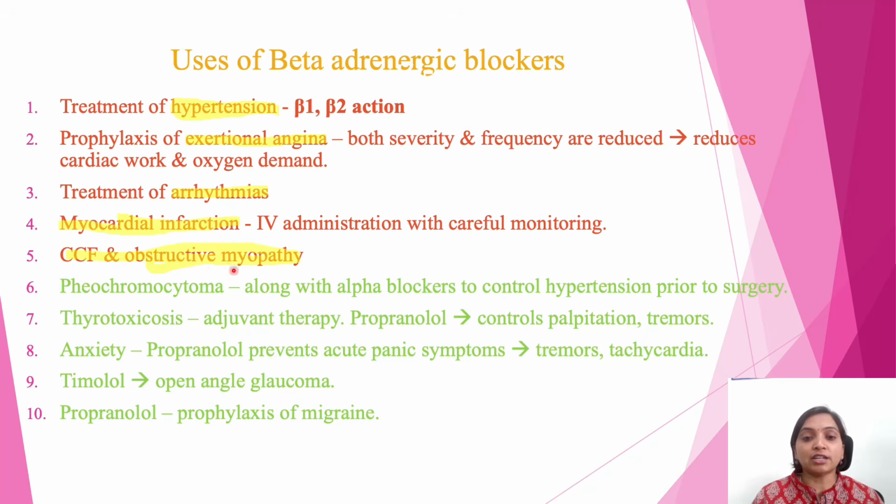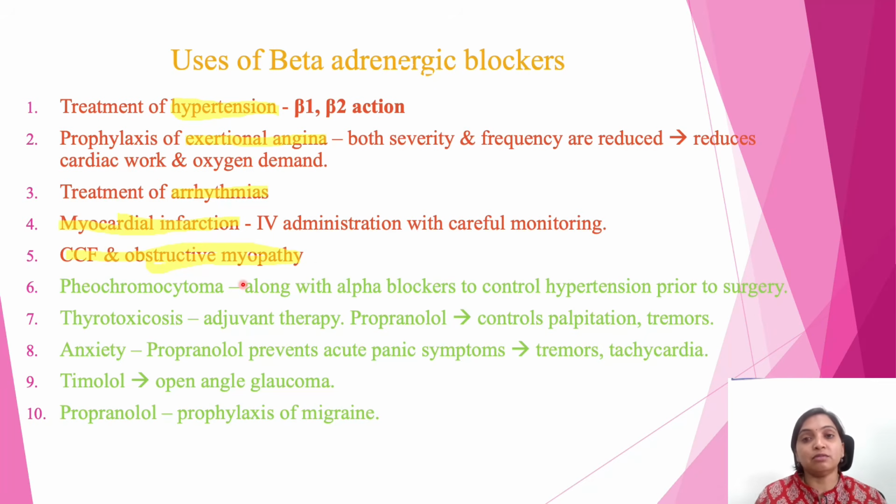They will decrease the oxygen demand, and for prophylaxis they are also given in congestive cardiac failure and obstructive myopathy. Obstructive myopathy is a condition where there is an increase in the cardiac muscle, and the ventricular cavity is decreased.